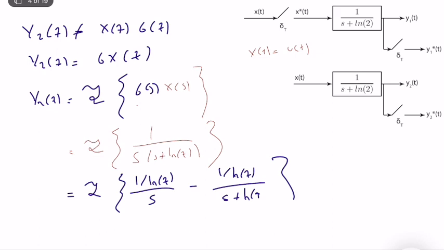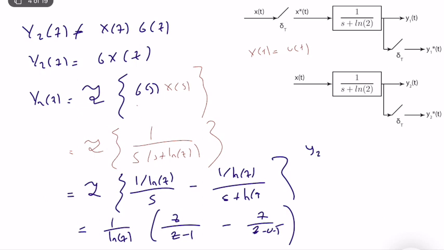If we look at the tables, this is equal to 1 over ln 2 times z over z minus 1 minus z over z minus 0.5. So the time domain expression will be y2(k) equal to 1 over ln 2 times 1 minus 0.5 to the power k.